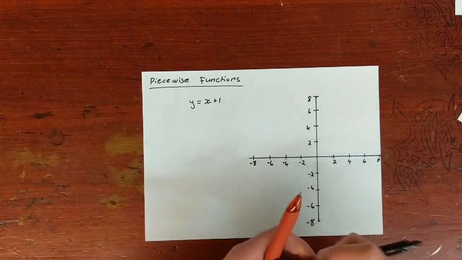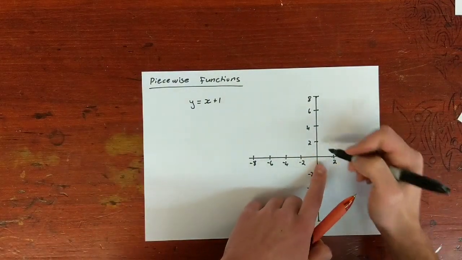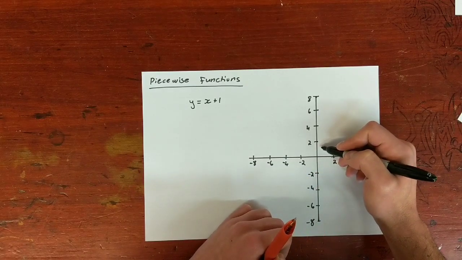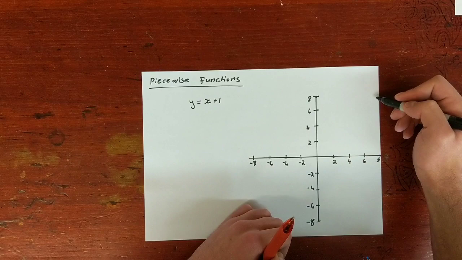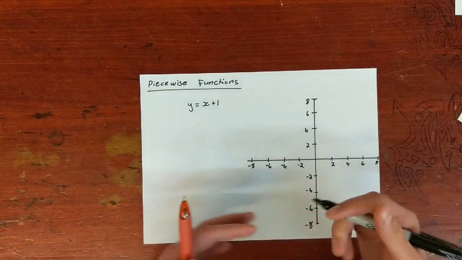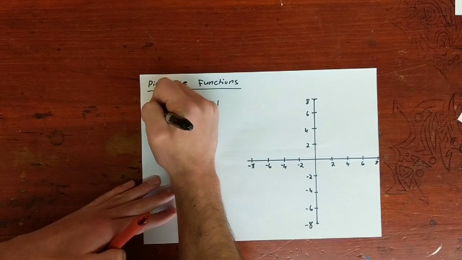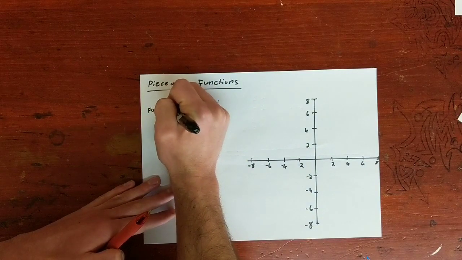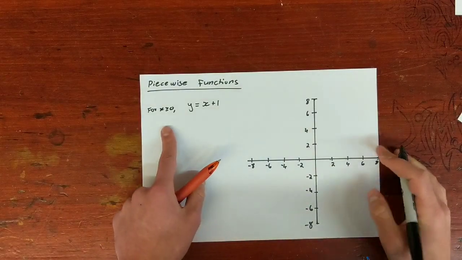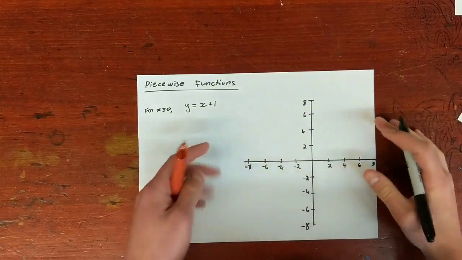We all know what that would look like. It would have a y-intercept of 1, and it would have a gradient of positive 1, so it would go off in that direction. But let's say I limited that equation, and I said that for x is greater than or equal to 0, y equals x plus 1. I've just limited where that equation can actually be drawn.